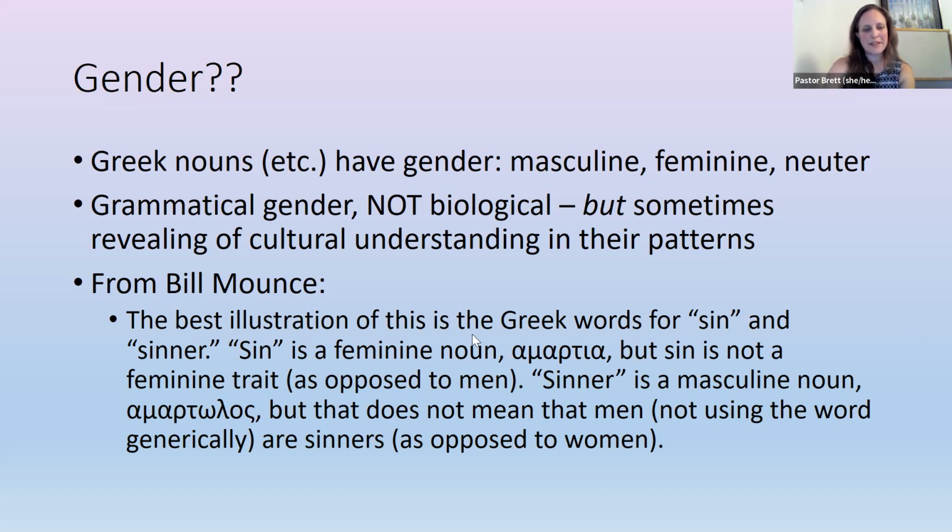But anyway, I put on the screen, and you've probably already read it, but I'll read it aloud. Bill Mounce says the best illustration of this, that it's grammatical gender, not necessarily saying anything about the word's meaning, is that the Greek word for sin is a feminine word.